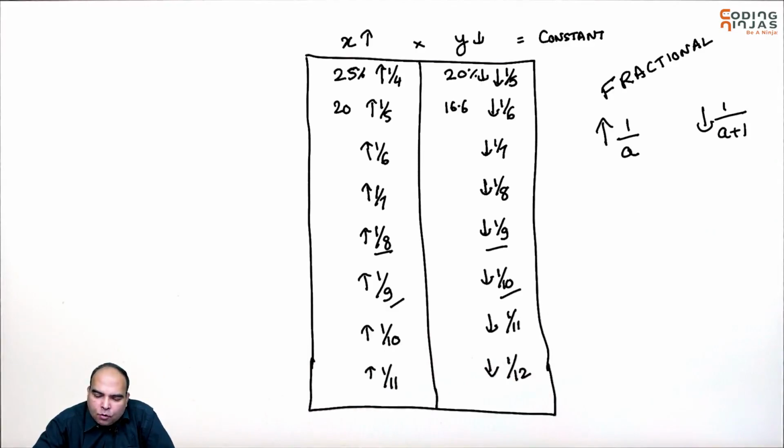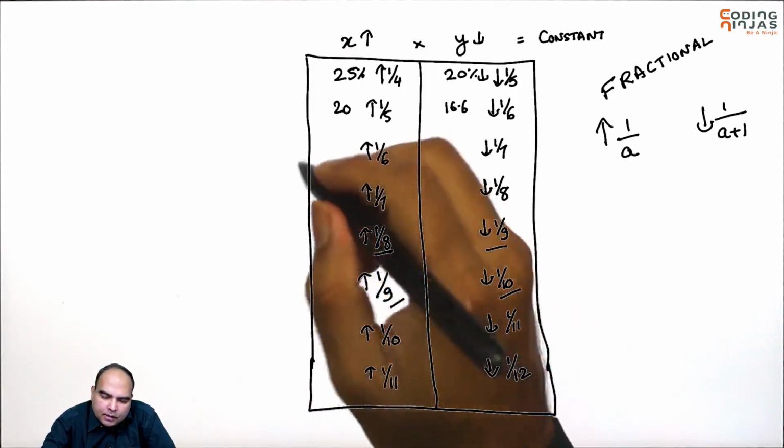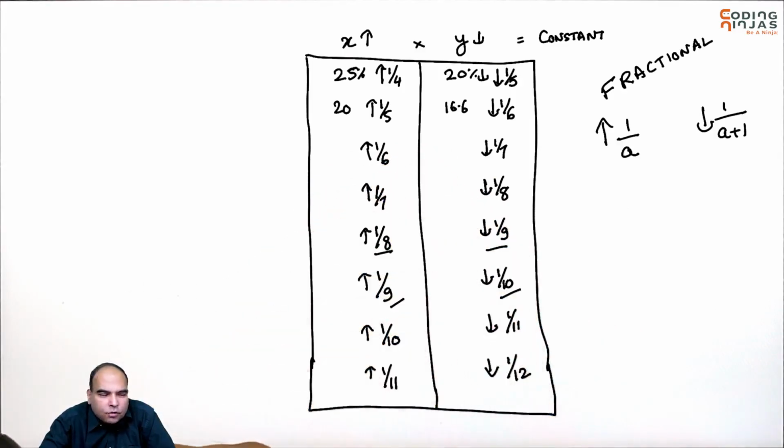But why do you need to know these structures in fractions when you already know them in percentages? The reason is that in percentages, the number of ratios or pairs you can actually remember will be limited. You can't remember 37.5%, for instance. How much will it go down, right?